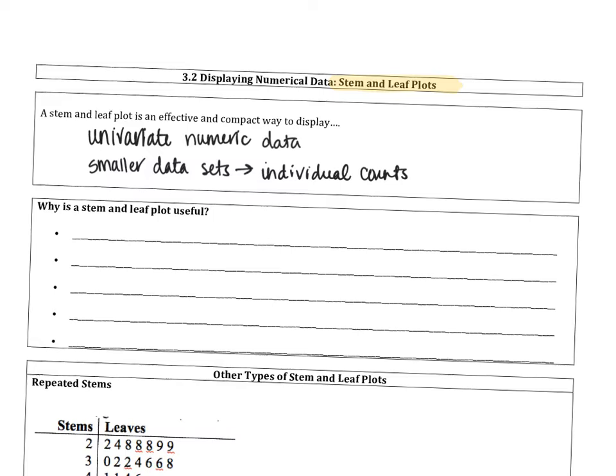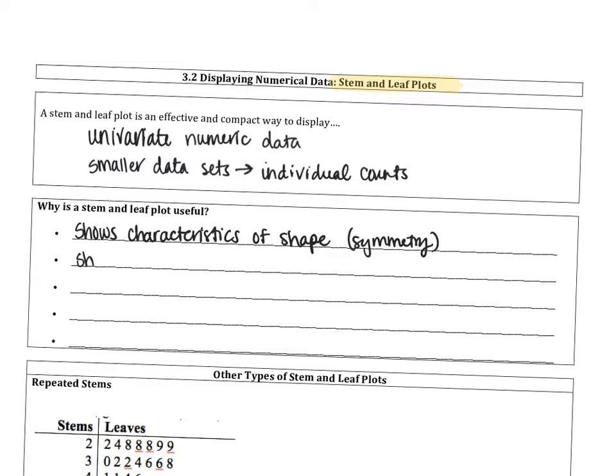All right, so let's talk about why a stem and leaf plot is useful. It's useful because it shows characteristics of shape. And that can give us an idea of the amount or extent of symmetry we have.